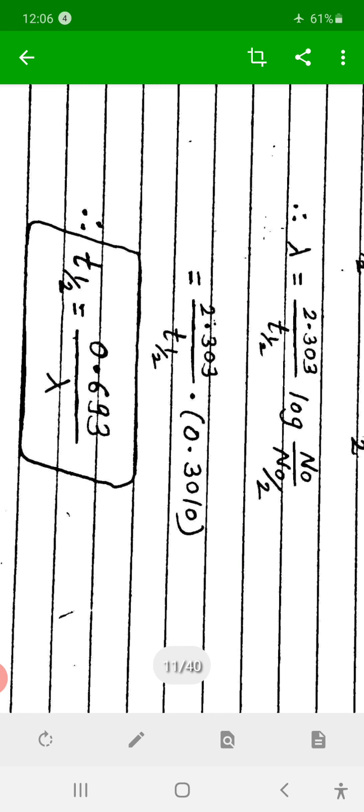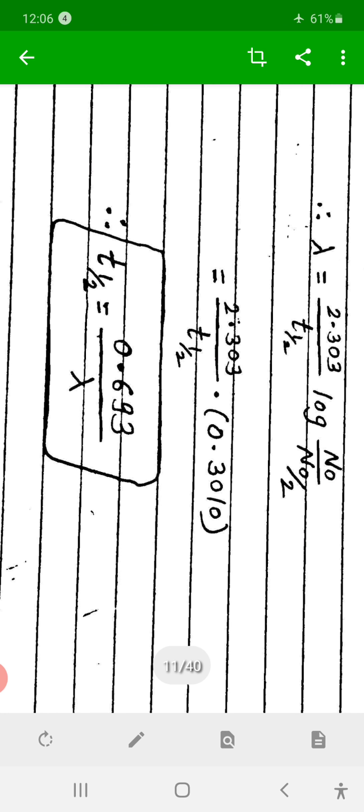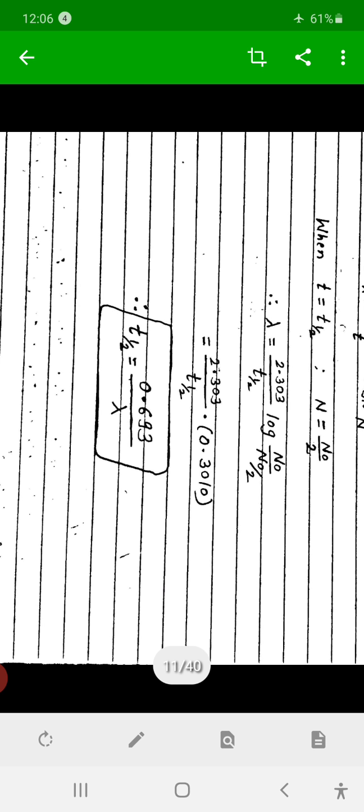Therefore t half is equal to 0.693 upon lambda. This is a very important equation for calculation of T half, the half-life, from the decay constant.